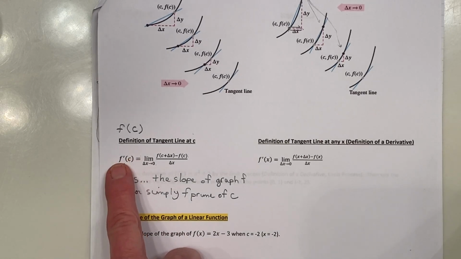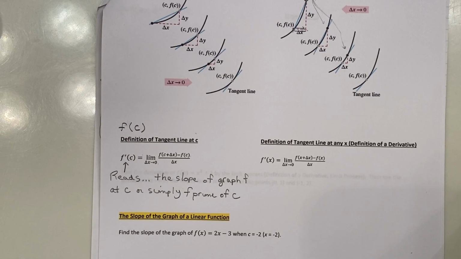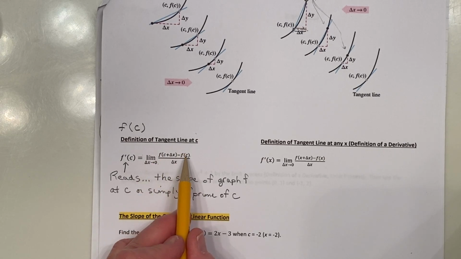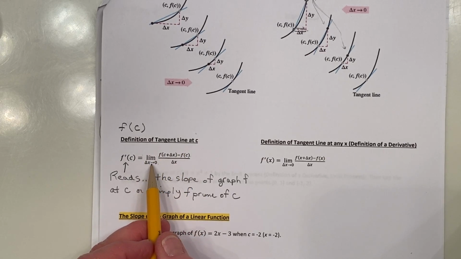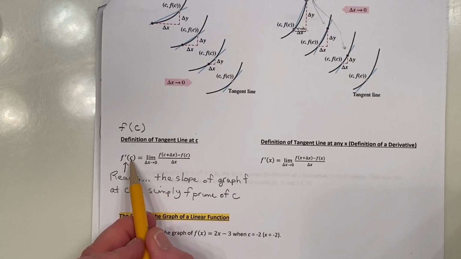So it's the slope of f at C. And typically this will give us a specific numerical value. We'll know what the slope is if we know exactly what x value we want to find the slope of the graph at.